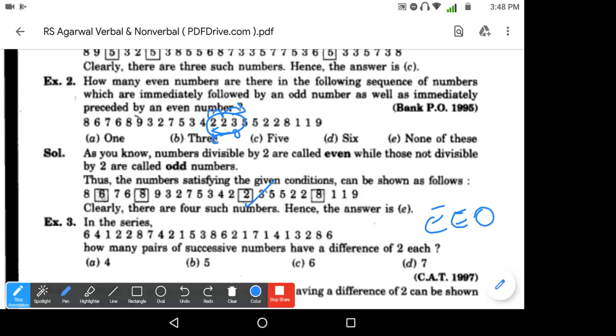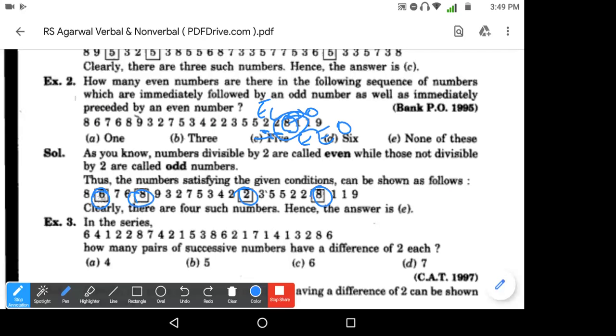Now after this, let us see the next number. 2 is also not possible. See the next 2, not possible. 8 has an odd number and an even number here. So even, odd will work. So 8. So how many in total? 6, 8, 2 and 8.